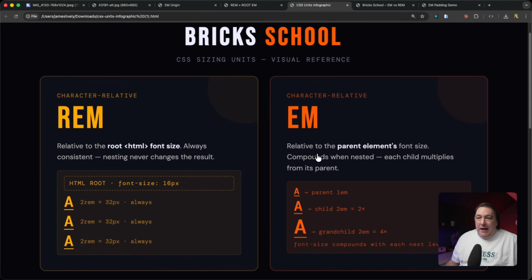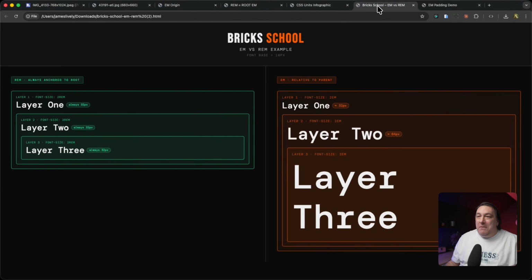EM, on the other hand, listens to its parent. Now, this gets a little confusing, I understand, so I've made up a real easy graphic for you here. On one side, we have these headings being 2 REM, and it doesn't matter how many times it's nested inside the box above it. 2 REM goes right back to the root size, which is 16, so all of these come out at 32 pixels.